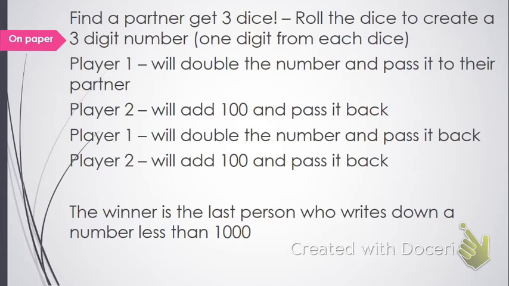Okay. So after you have your partner and you have your 3 dice, you're going to roll them to get your 3-digit number. So 1 digit from each die. One of you is going to be player 1, the other one's going to be player 2. Doesn't really matter which is which.